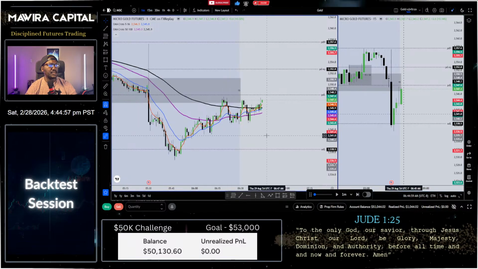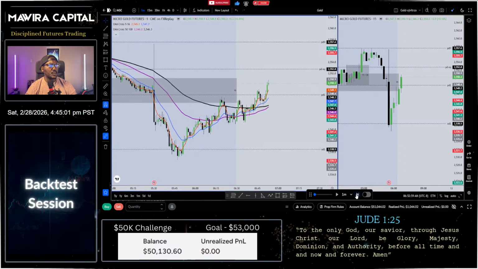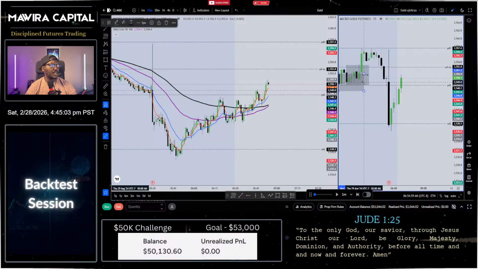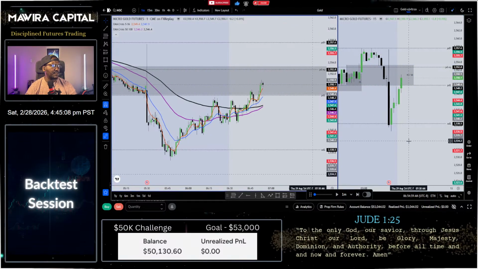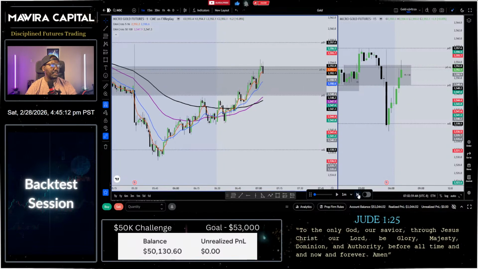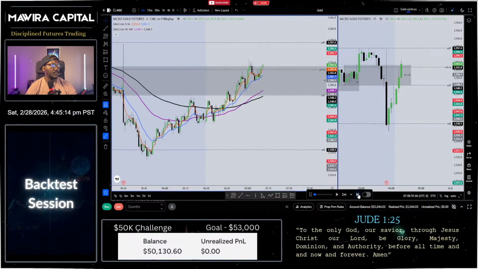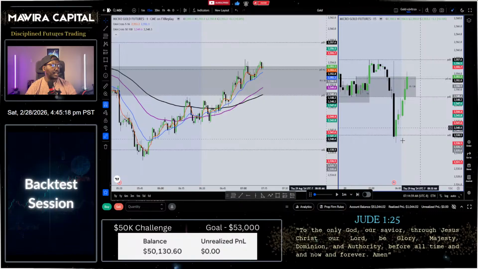Back to the 1 minute and let's see how this goes. All right, so we are now touching the other zone right there. Let's see if we can get something. If we keep going up, we will change the bias to bullish, like we should right now.